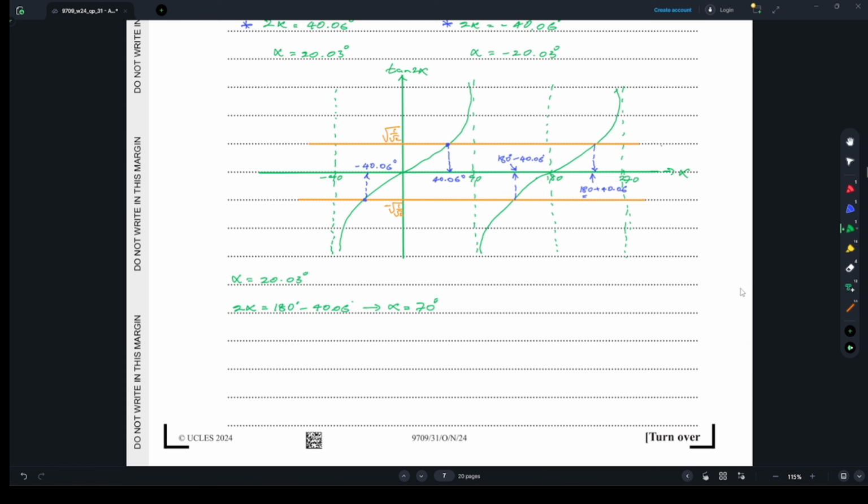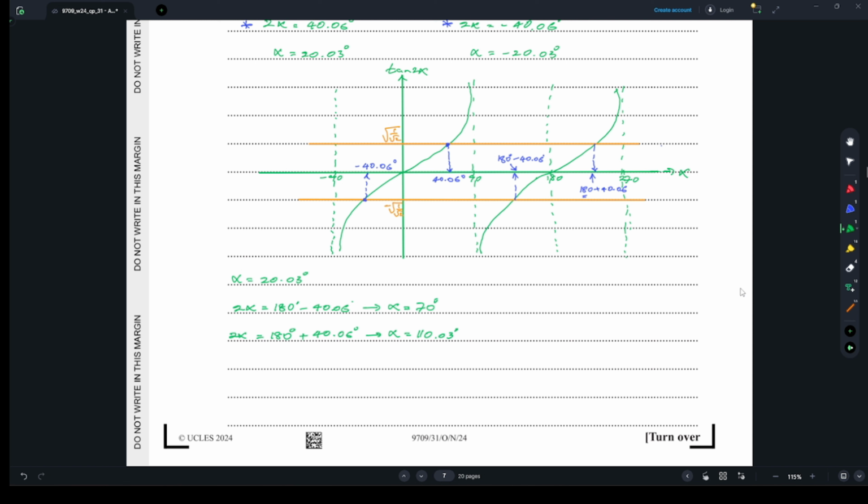So you can just write 70. And then the next one is 2 alpha equals 180 plus 40.06, that means 220.06. If you divide by 2, you will have 110.03. Right. And so we had three answers.